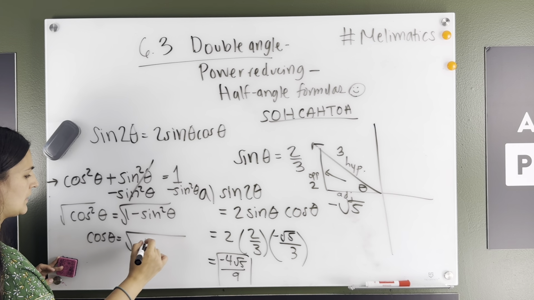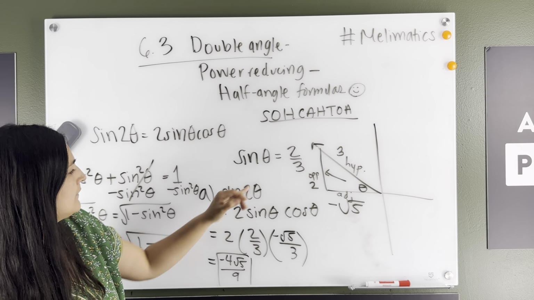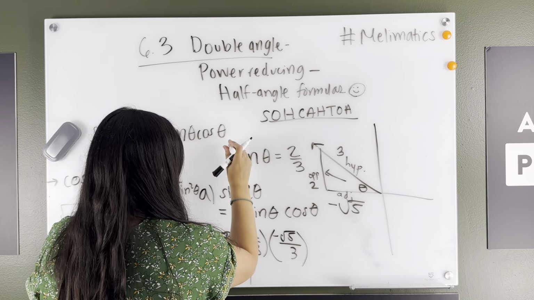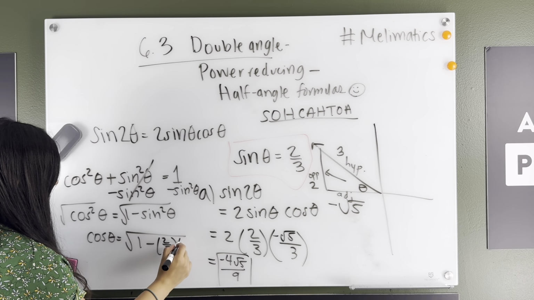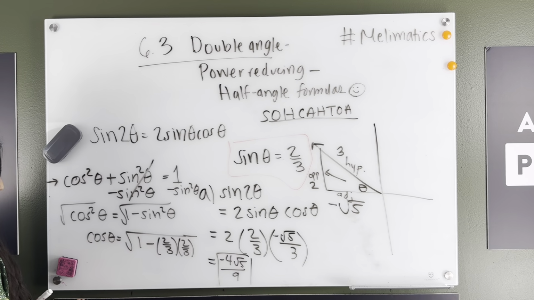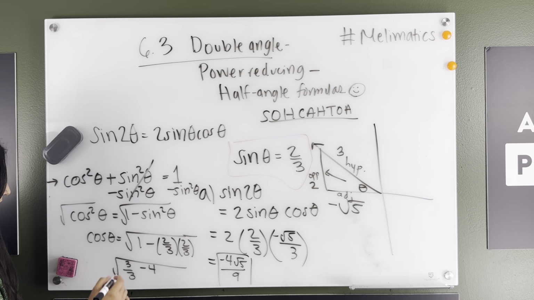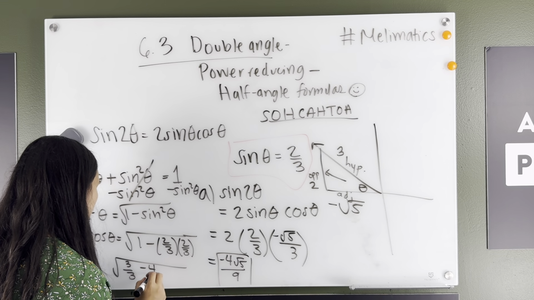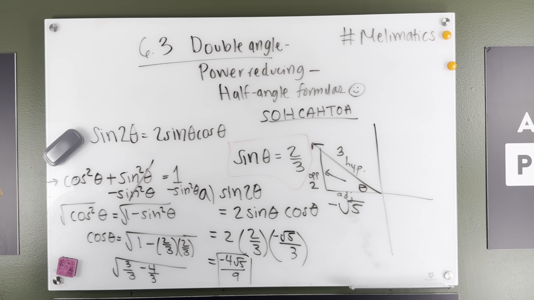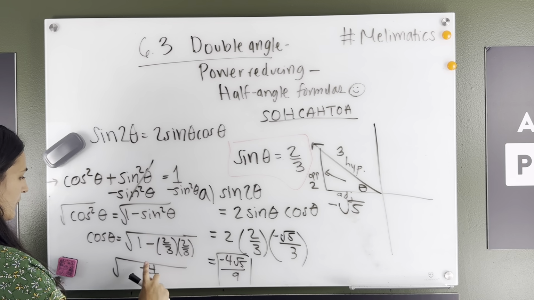Now the cool thing is that I know sine theta. It was given to me in the very beginning. It's 2/3. Notice how when you do the math, and you make sure you have common denominators, and you multiply it correctly, 2 times 2 is 4, 3 times 3 is 9.